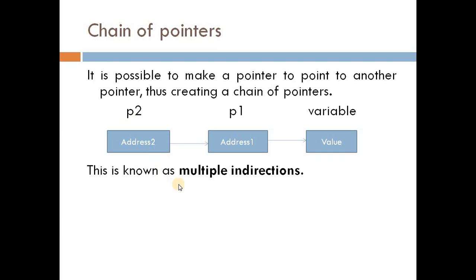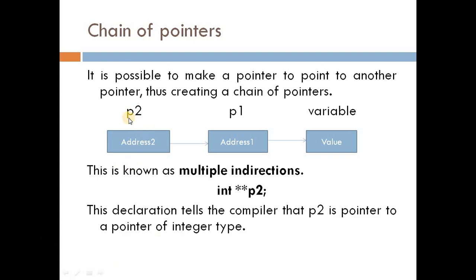Now when we are going to use multiple indirections, how are we going to declare this particular pointer? We are going to declare it with the help of two asterisk signs. P1 we declare as usual with one asterisk sign, but when we use multiple indirections, we declare the pointer to pointer with double asterisks.